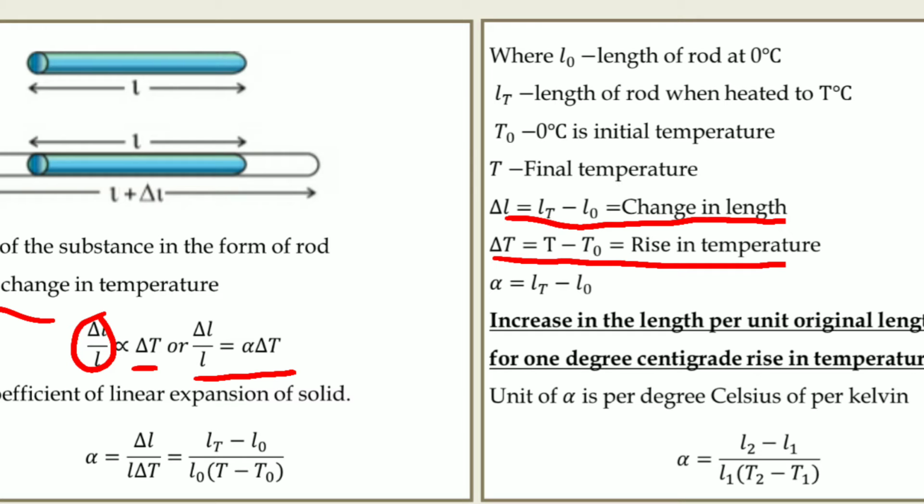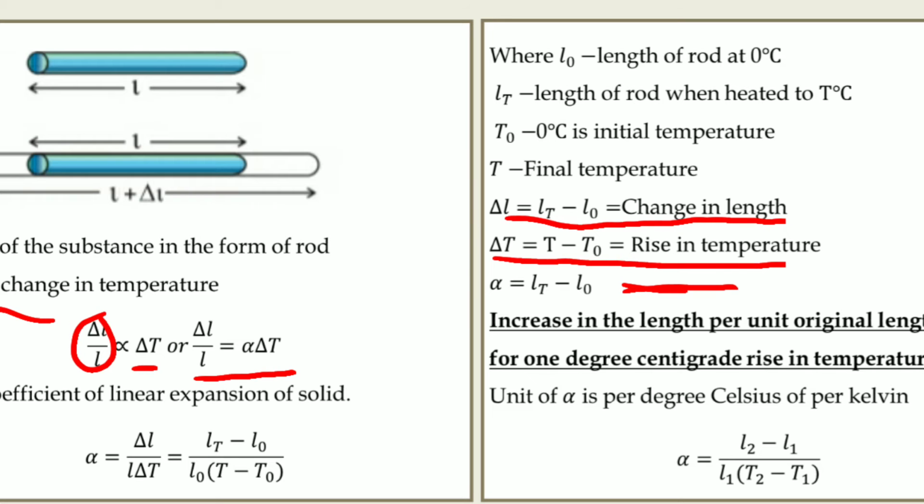Okay, then alpha you can write as LT minus L0 divided by L0 into T minus T0. How can you write this? Consider in this figure L0 is equal to 1 unit and the change in temperature is 1 degree. So if both these terms in the equation are 1, alpha is equal to LT minus L0, and we can define the coefficient of linear expansion of solid by this equation.